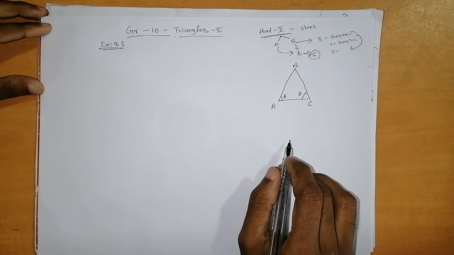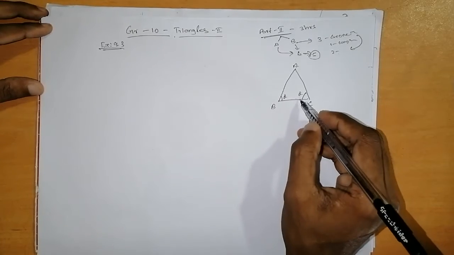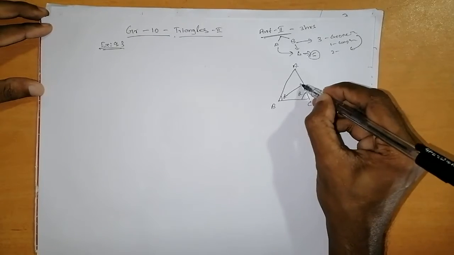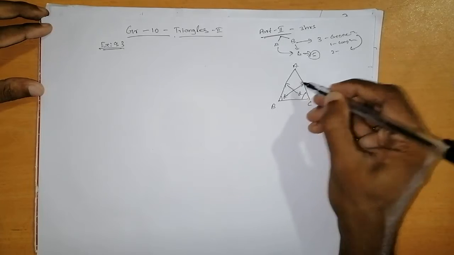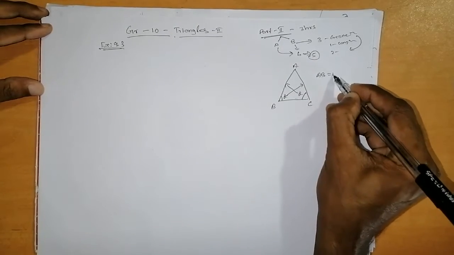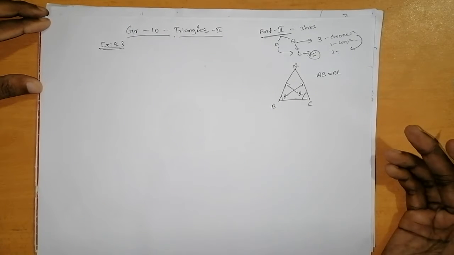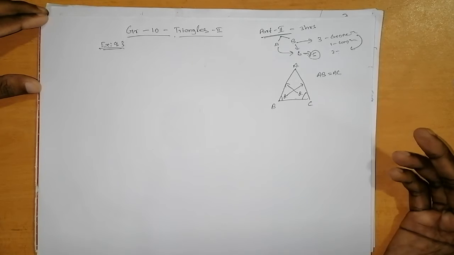That is our second theory, the converse theory we studied. If 2 angles are equal in a triangle, the sides opposite to the equal angles are equal, AB equals AC.